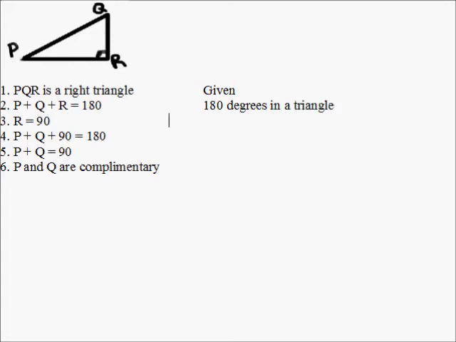Next, angle R is 90 degrees. Again, that was given. The hypothesis says that there's a right angle at R, so that was given to us. Next, we have P plus Q plus 90 degrees is equal to 180. Why is this true? Because R is equal to 90 degrees, and it's substitution.